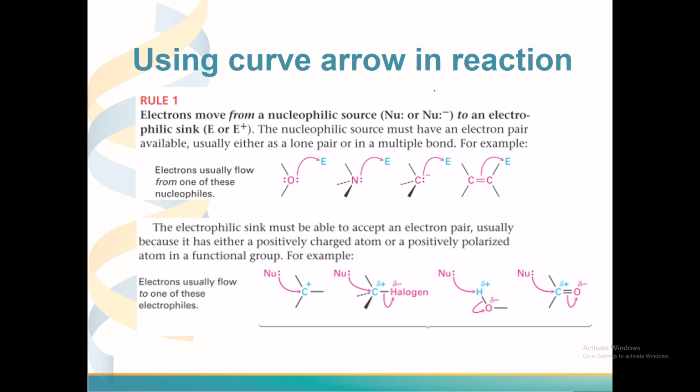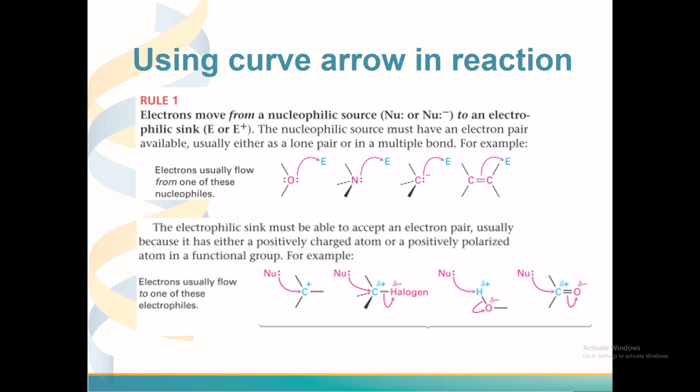In using curved arrows in reactions, there are several rules. The first rule is electrons move from a nucleophilic source. You can also write it as Nu with an electron sign, or Nu with an electron sign and a negative sign, to an electrophilic sink. You can write it as E or E+.